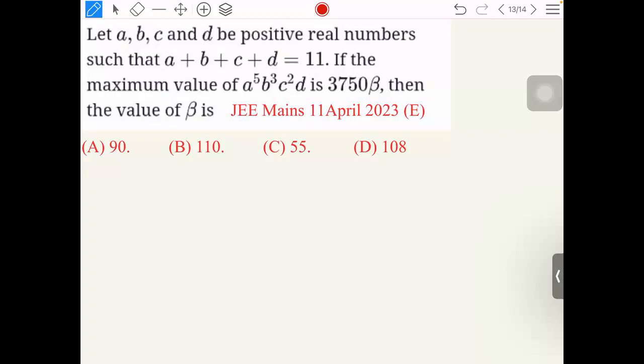Dhruv, correct answer. Aditya, correct answer. Very good.